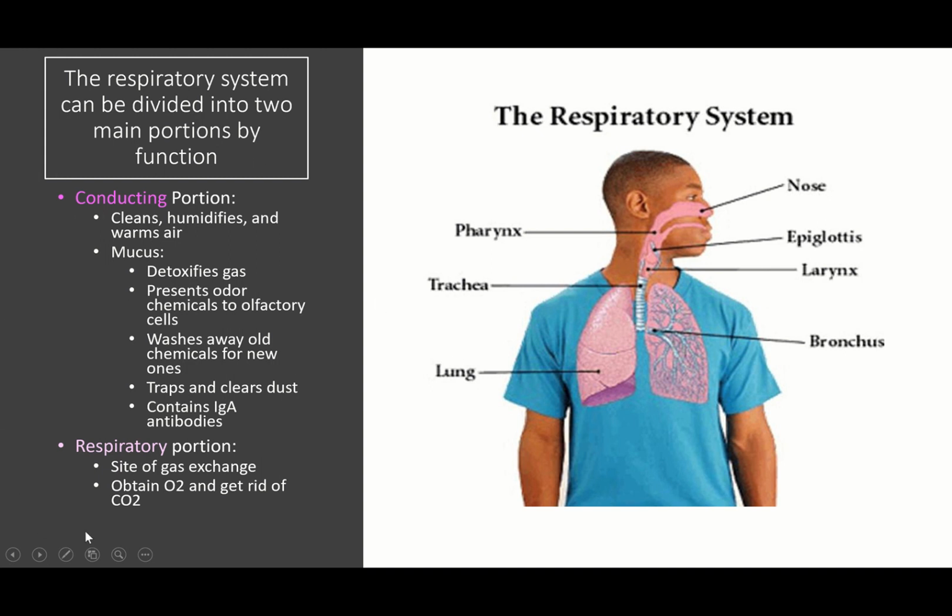So your respiratory system is basically divided into two main portions. Everybody thinks of the respiratory portion whenever they think of the respiratory system, but the conducting portion is just as important.